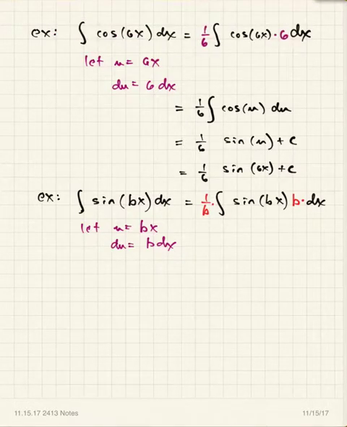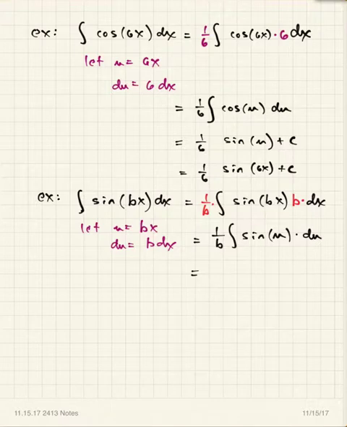And so what do you get when you make the substitution? 1 over b times the integral of the sine of bx, so that'd be the sine of u, and then b dx would be du. The antiderivative for sine of u is negative cosine. So this would be negative 1 over b cosine of u plus c.